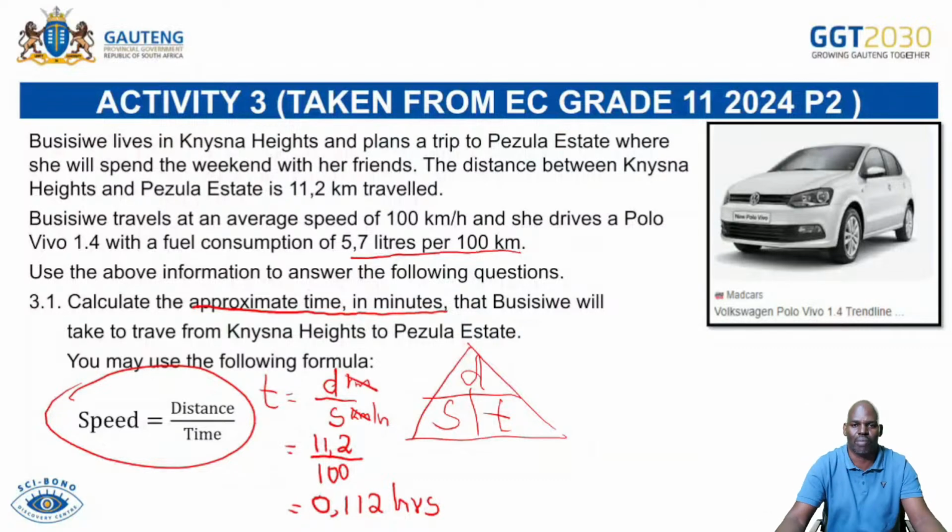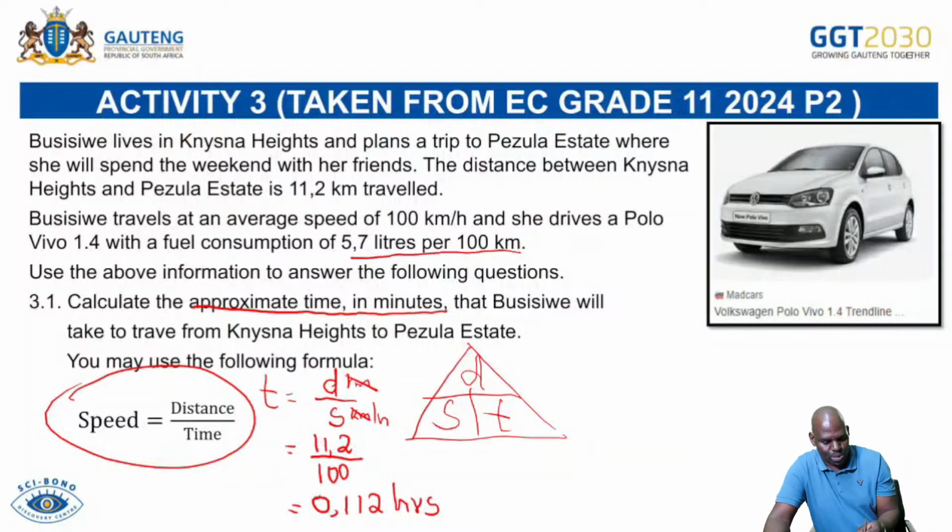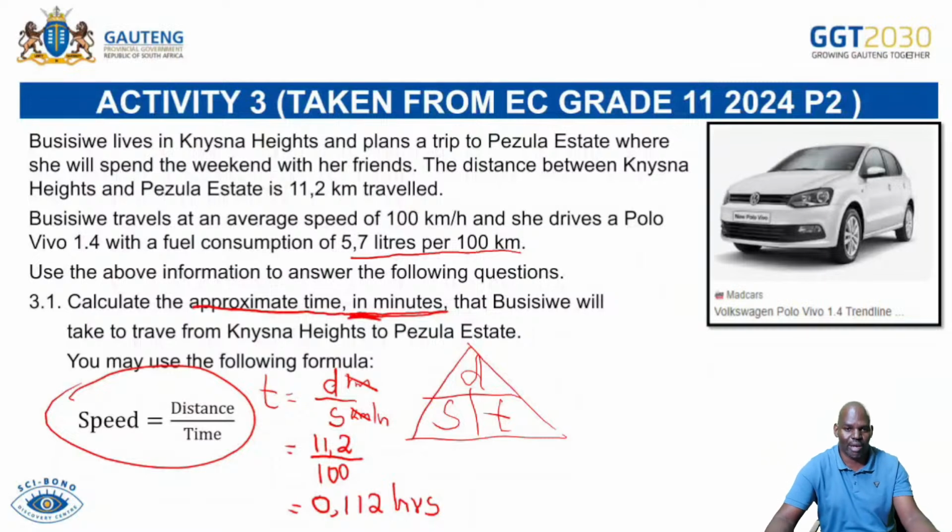That is why our time is in hours. So it's 0,112 hours. But the examiner specified that the answer must be in minutes. Again, it means we are not done there. What must we do? We must convert the hours to minutes.